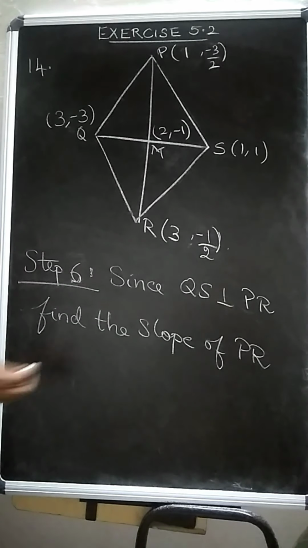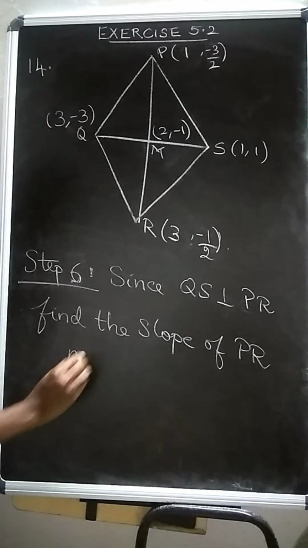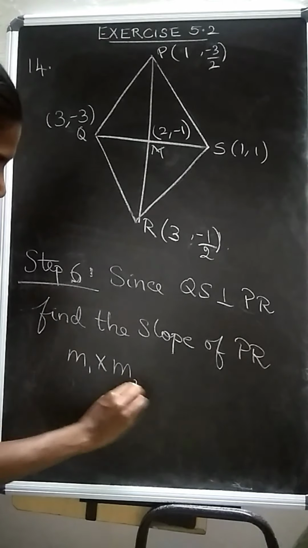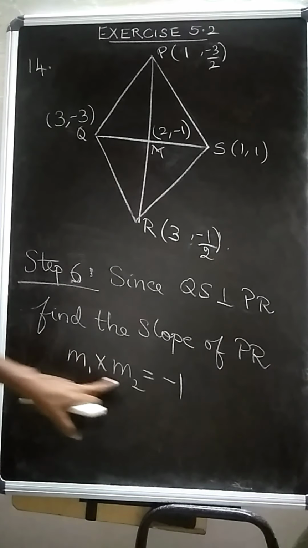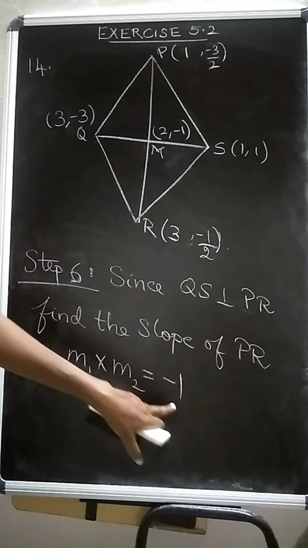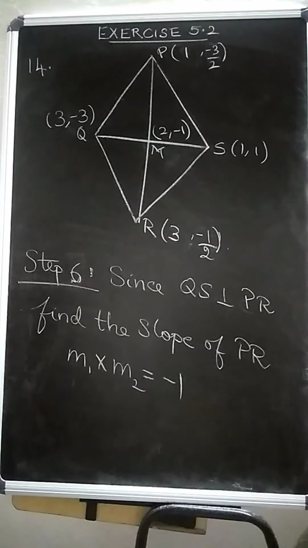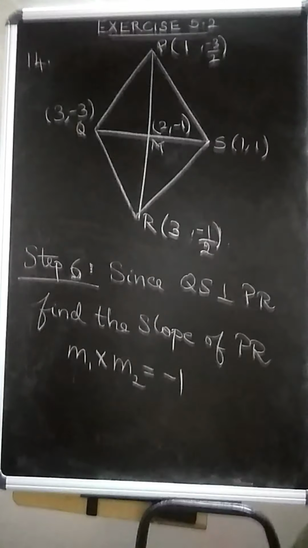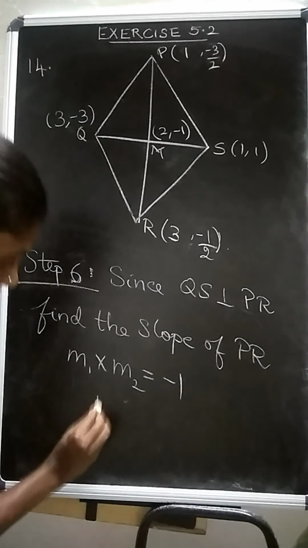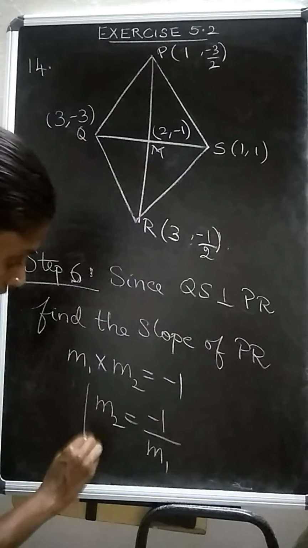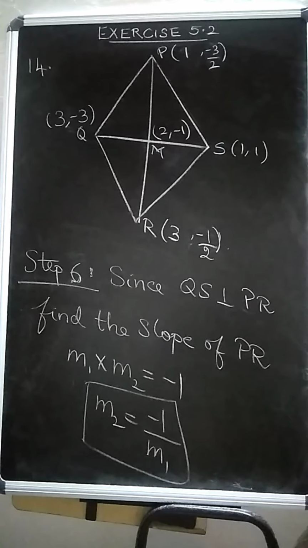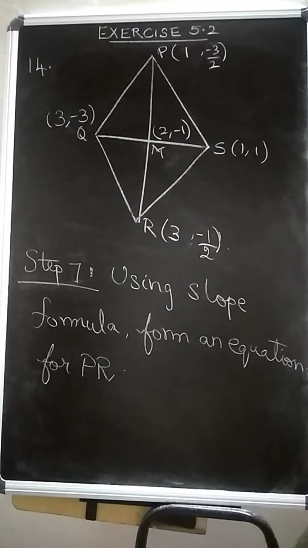Next, step 6. Since QS is perpendicular to PR, now find the slope of PR. How will you find? For perpendicular lines, m1 into m2 is equal to minus 1 is your condition. So using this, you will find m2 by dividing minus 1 by m1. Next, step 7.